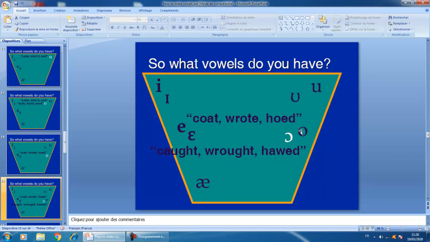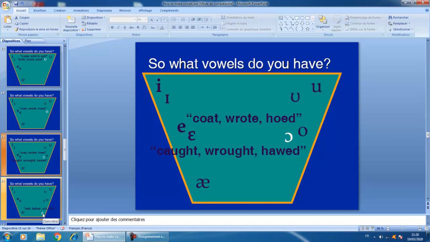Both of them, like the two E sounds, are mid vowels. They're not high, they are not low as in here, but they are mid vowels. And like the two U sounds, they are back vowels, in this region, back vowels here.